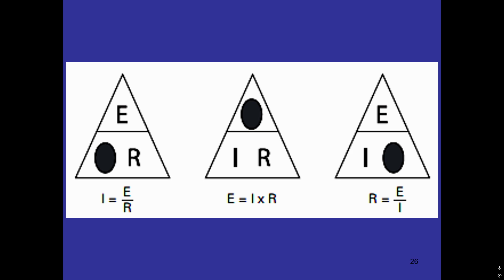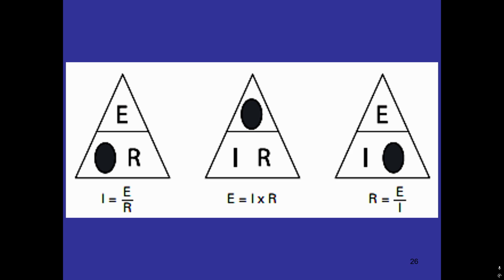But the modern usage is capital V. So both E and capital V represent voltage. We have three forms of Ohm's law: current I equal to V divided by R ampere, V equal to I into R, and R equal to E or V divided by I.